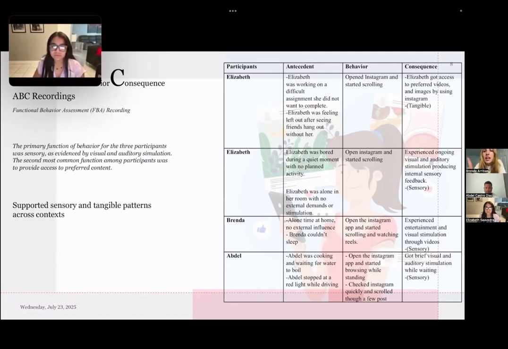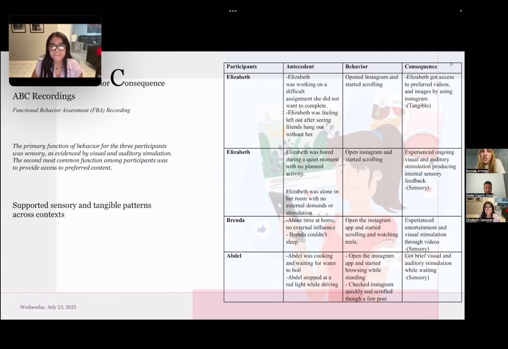We can see Elizabeth, whose antecedents were mainly working on a difficult task and feeling left out after seeing friends hanging out. The behavior was opening Instagram and starting to scroll. The consequence was that Elizabeth got access to preferred videos and images on Instagram.